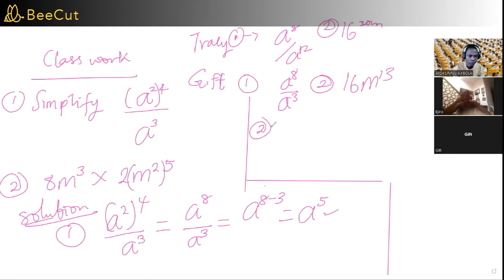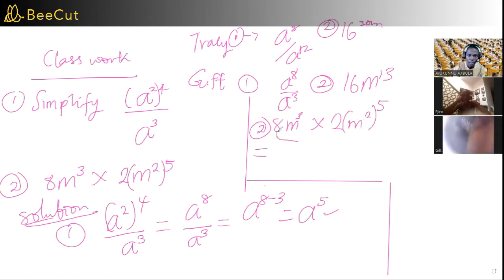I have 8m cubed times 2m squared raised to power 5.